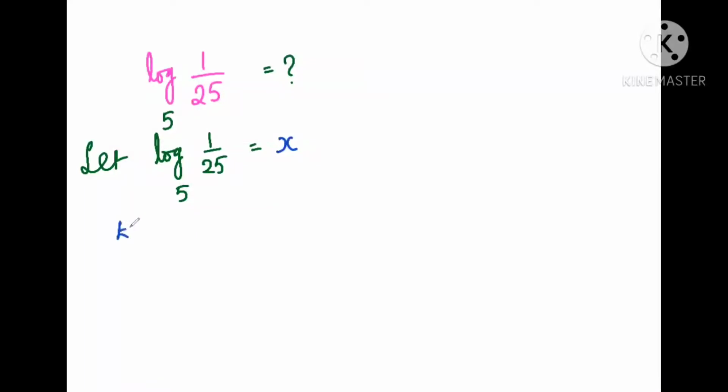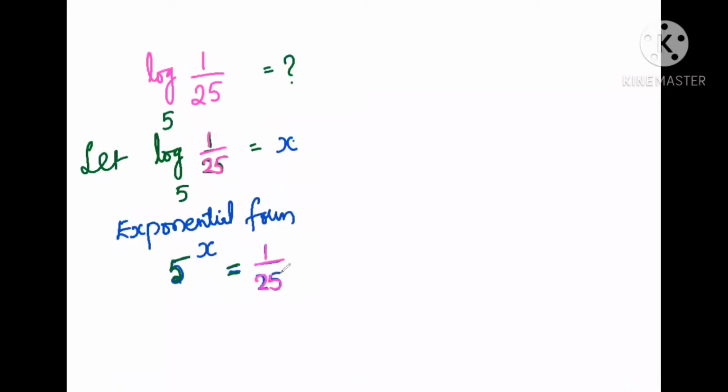Now write the exponential form. 5 to the power of x is equal to 1 by 25. Here 5 is the base and x is the exponent, and 1 by 25 is the number whose logarithm is to be found.